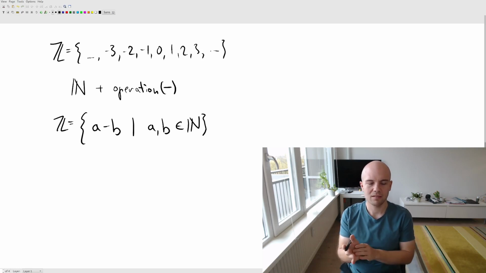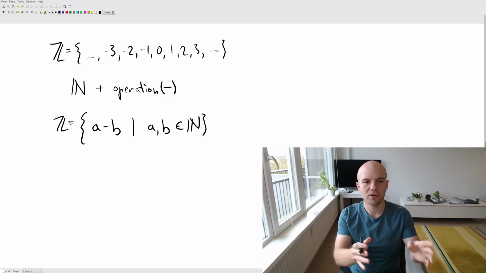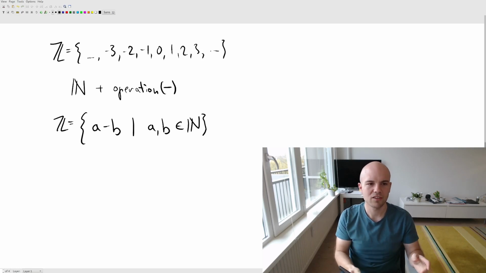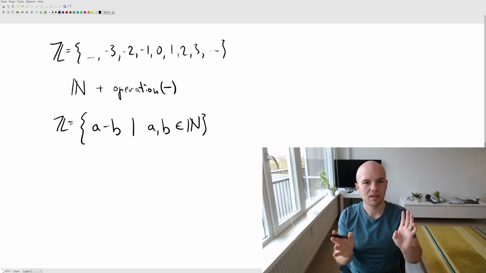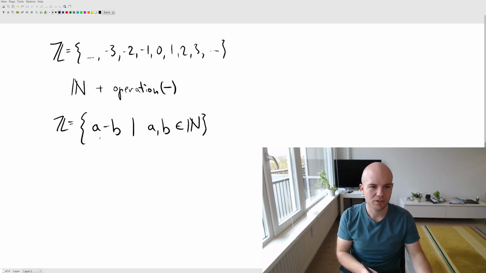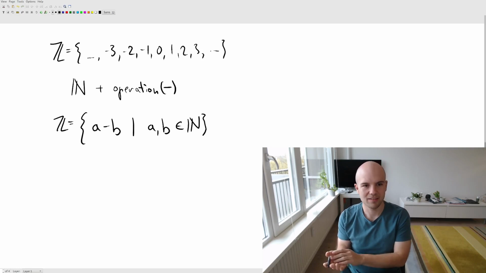Adding operations to a structure is something very common. This is the go-to pattern to extend structures by operations: consider applications of the new operations to old elements and then define the type in terms of that. We don't have a minus yet.